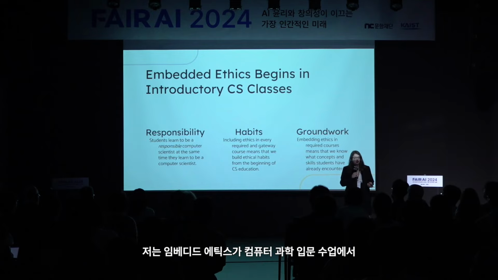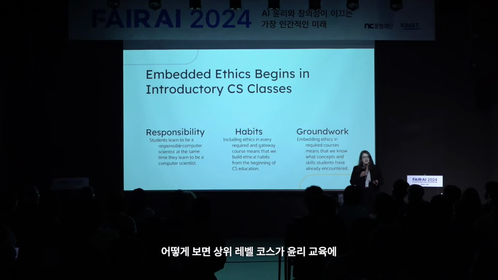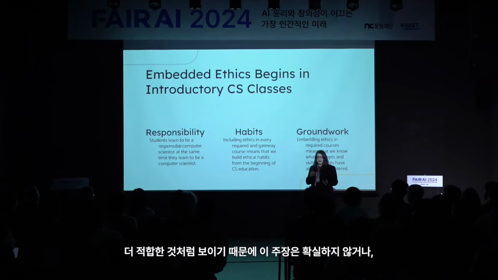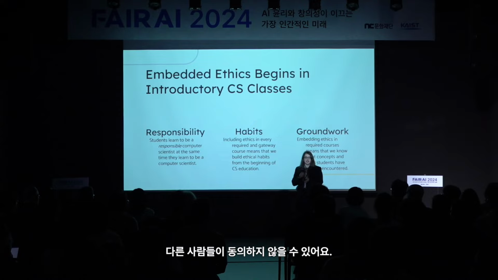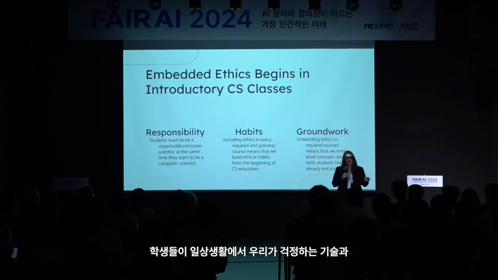Okay, so which courses? I want to argue that embedded ethics should begin in introductory computer science classes. This is maybe an argument that is not obvious or that other people might disagree about, because in a way, the upper level courses seem to be a more natural target for ethics. You might start off and say, hey, we should put ethics first in reinforcement learning.